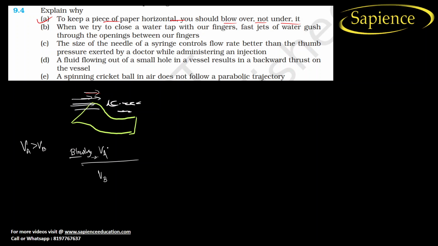So if we blow the air, the velocity will be high. When velocity is high, the pressure is low, as per Bernoulli's theorem.